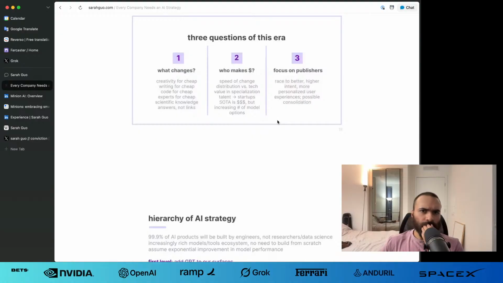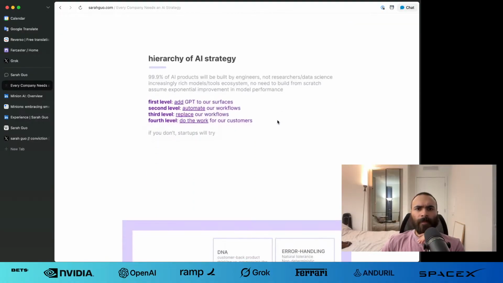Creativity for cheap, writing for cheap, code for cheap, experts for cheap, scientific knowledge, answers, not links. Who makes dollars: speed of change, distribution versus tech value, specialization, talent to startups, SOTA in dollars but an increasing number of model options. Focus on publishers, ways to better hire, intent, more personalized user experiences possible, consolidation.